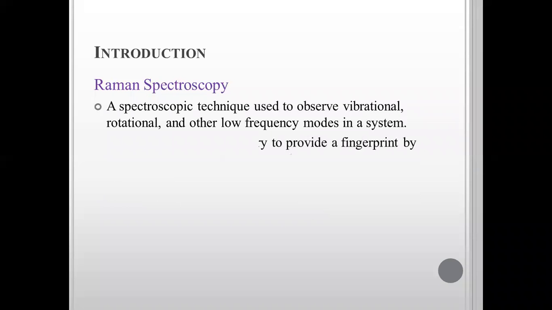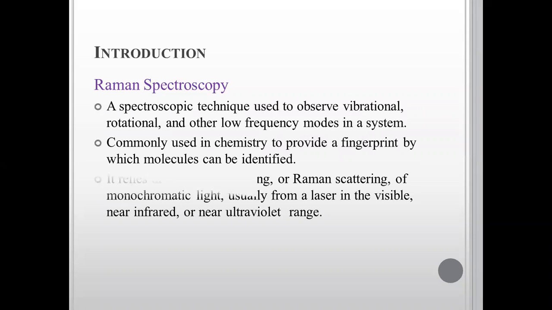So our main topic, which is Raman spectroscopy. Raman spectroscopy is a spectroscopic technique used to observe vibrational, rotational, and other low frequency modes in a system. It is commonly used in chemistry to provide a fingerprint by which molecules can be identified. It relies on inelastic scattering or Raman scattering of monochromatic light, usually from a laser in the visible, near infrared or near ultraviolet range.